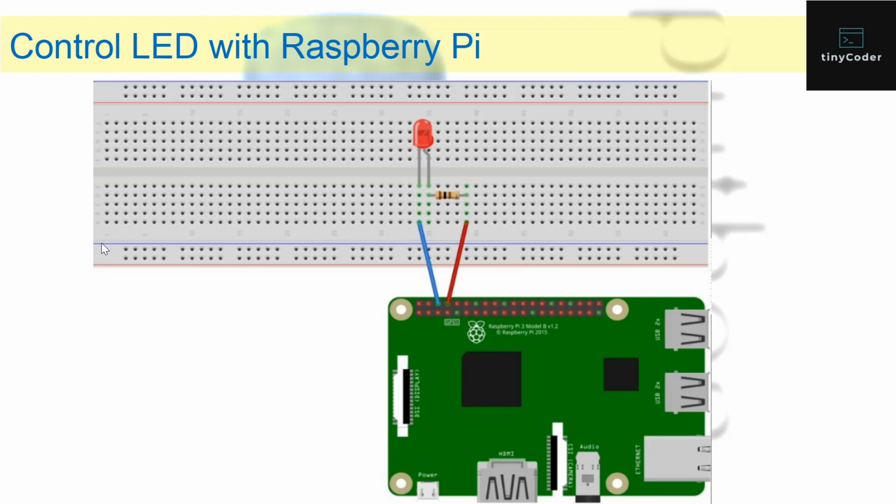Between this blue and the red are what we call the power rails. That is where we get all of our power supply from. However, they are not connected vertically, but they are connected horizontally, from left to right, like this.